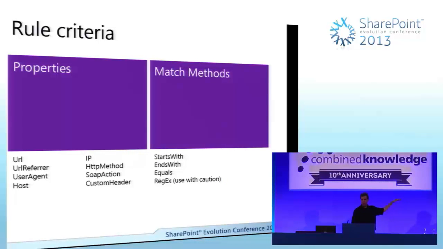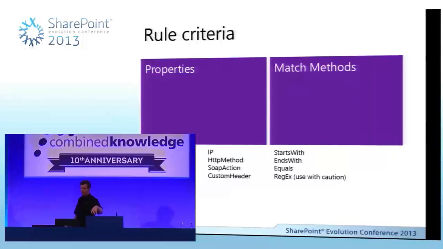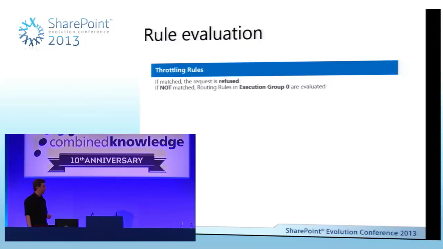Starts with is going to be a lot quicker than ends with, and certainly quicker than a regular expression. But again, regular expression gives us ultimate flexibility. Most of the things that we're going to do with this system, we can accomplish with starts with, ends with, or equals. But in some cases, regular expressions will be useful to us. There is a performance penalty of using them if the regular expression is badly authored.